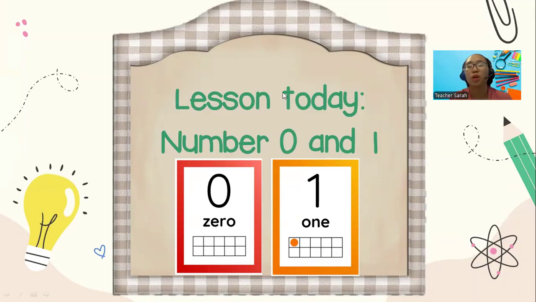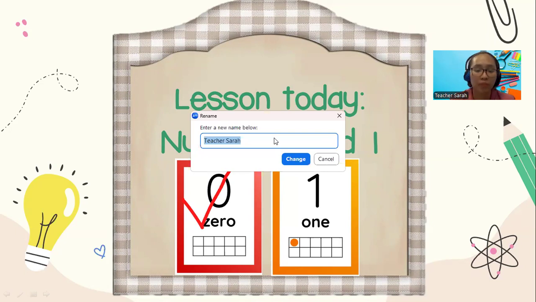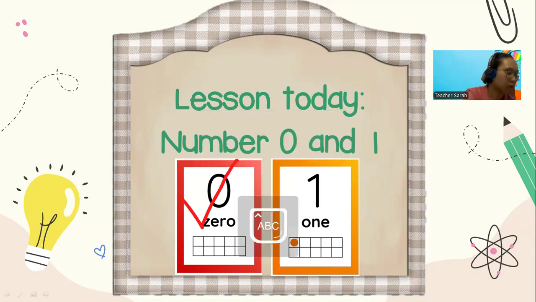Remember, number 0 is the number for nothing or empty. If you don't see something in a container, that's 0. And 1, there's only 1. I have one finger up in the air, the number 1.